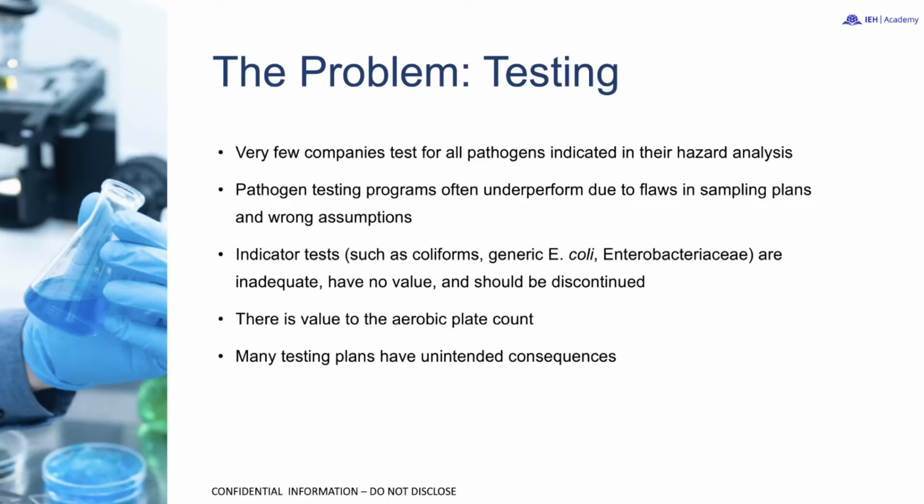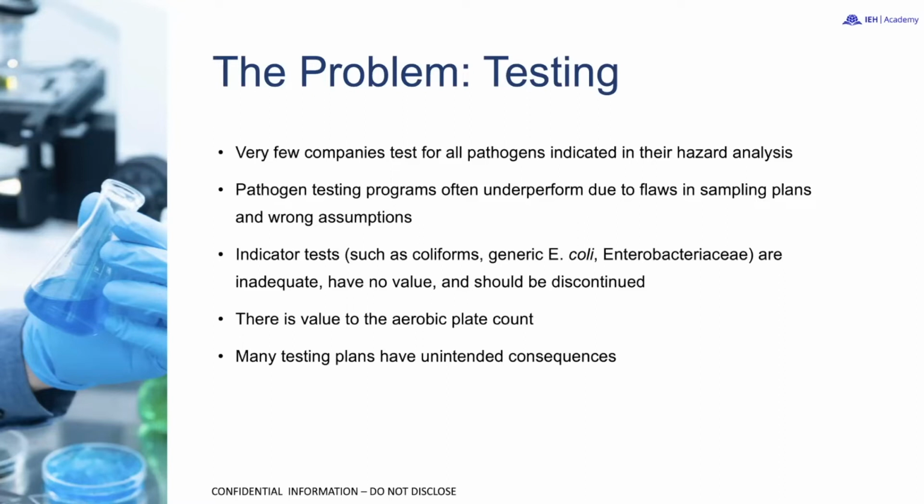And finally, one of the things that you must think about in making a decision about testing is the law of unintended consequences. There are several ways you can get into trouble doing pathogen testing if you don't give some thought to this. For example, let's say you're testing an ingredient that is supplied to you from one of your trusted suppliers.